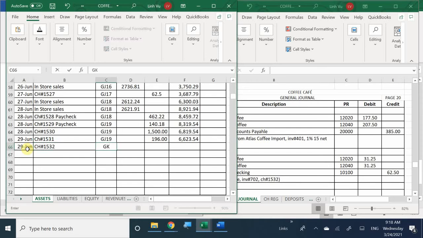General Journal 20 for $62.50. So what is my new ending balance? 656104. Excellent.